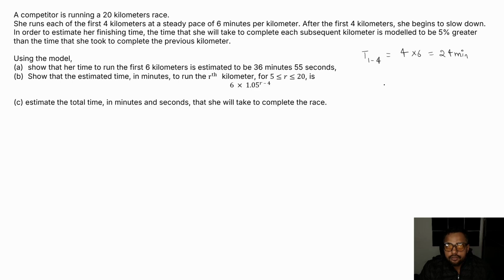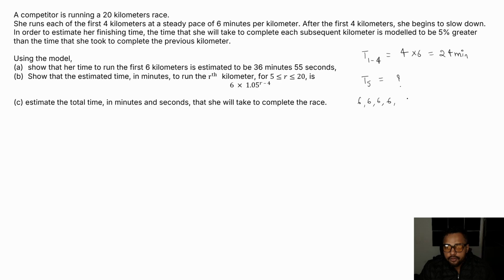After the first 4 kilometers, this competitor begins to slow down. So for T5, what will be the value? For the first 4 kilometers, it is mentioned 6, 6, 6, 6. This is sorted for us.